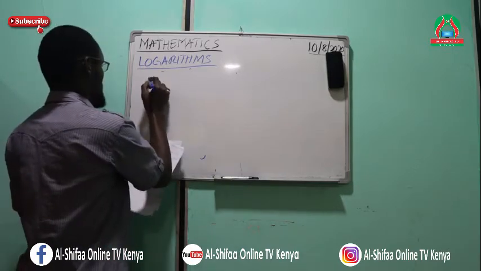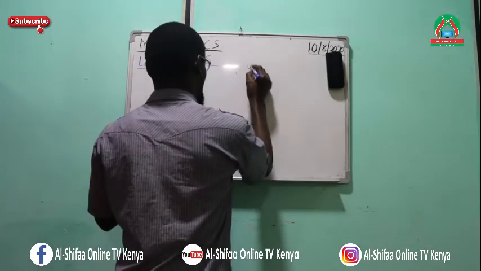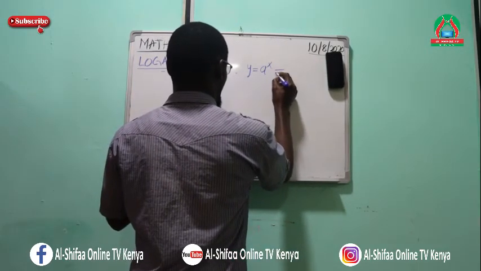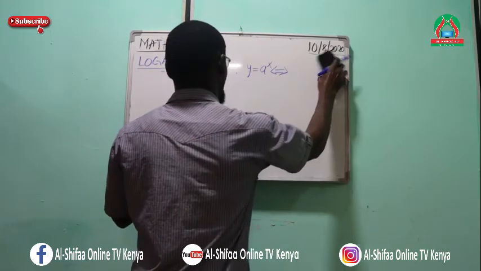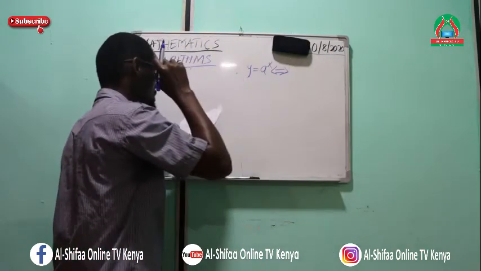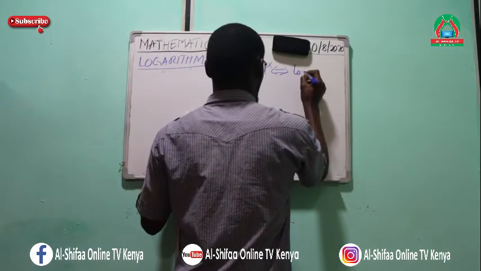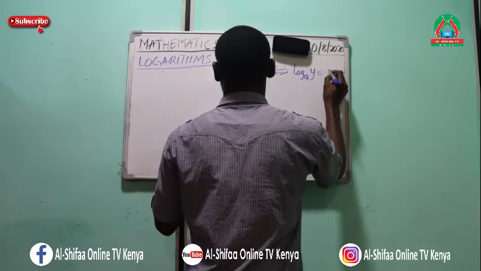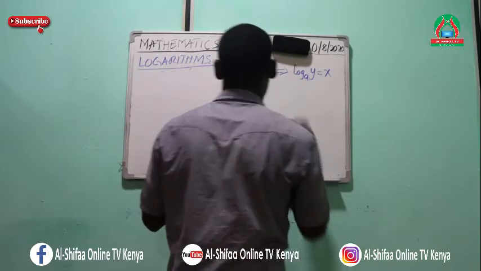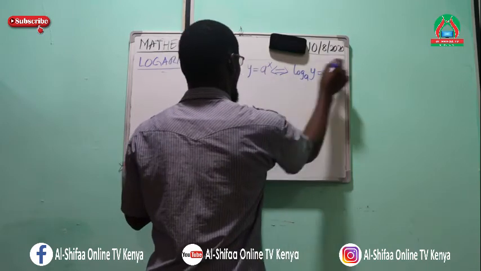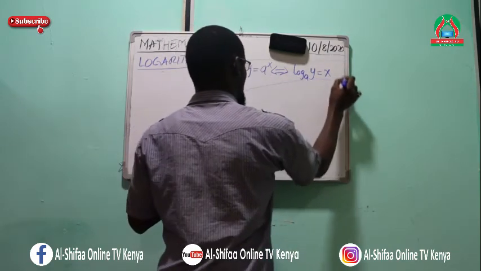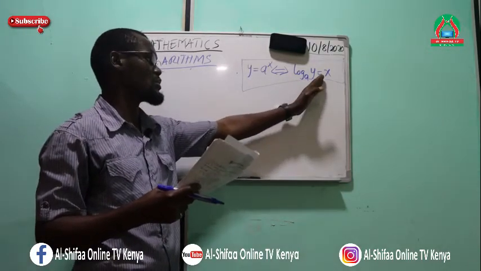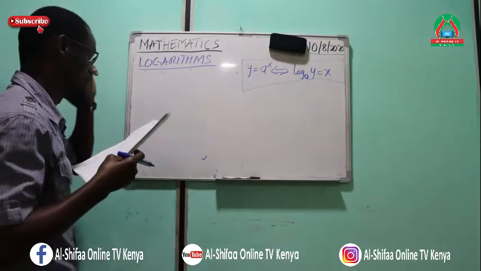So we find that y is equal to a power x implies that log y to the base a is equal to x. This is the conversion of index to logarithmic notation and logarithmic to index notation.